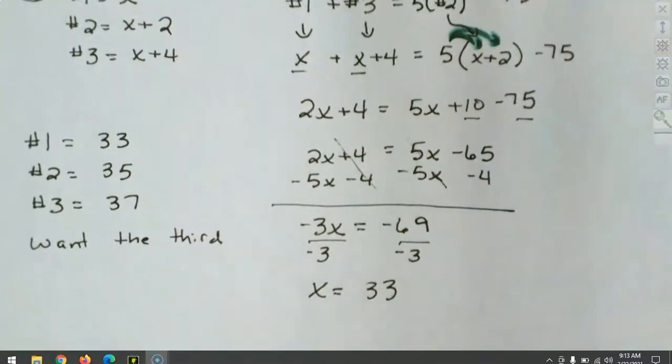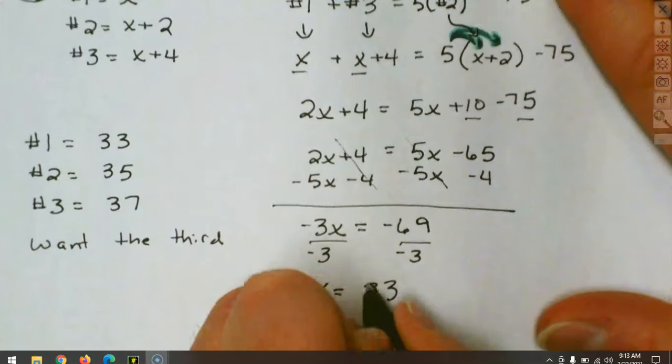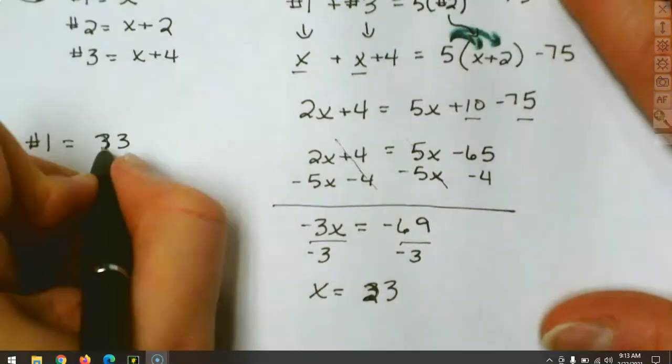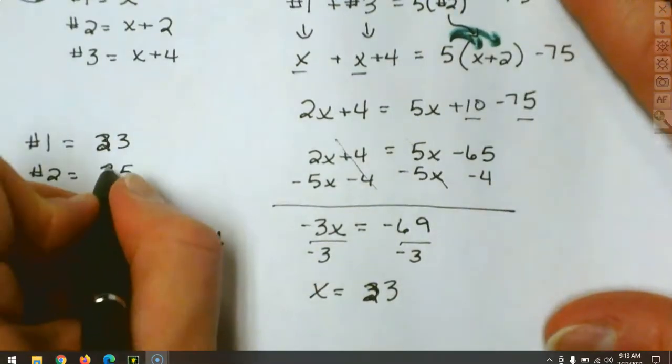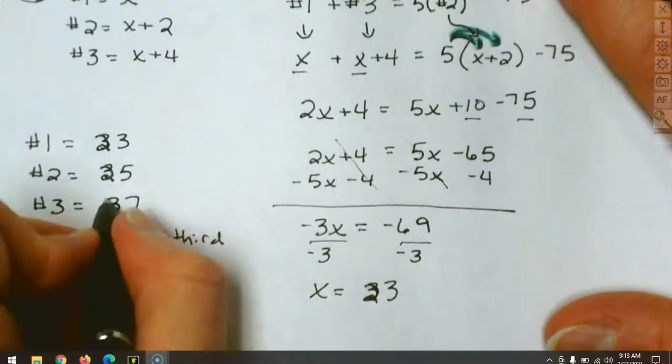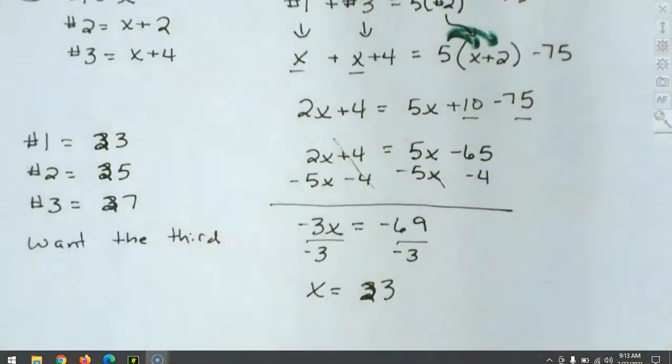Did I make a mistake here? Oh, sorry about that. Yep, I should have been more careful. Let's double check, make sure I didn't make a math error there. Should be 23. You're right. My mistake. I just wrote down an extra 3 there. So it'll be 23. Sorry about that. 25 and 27. Right? Okay.